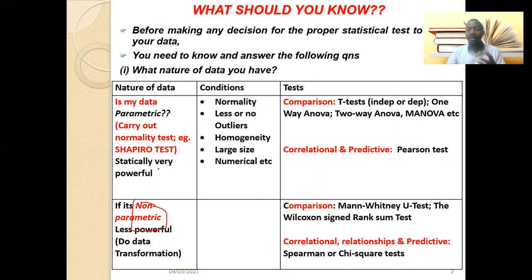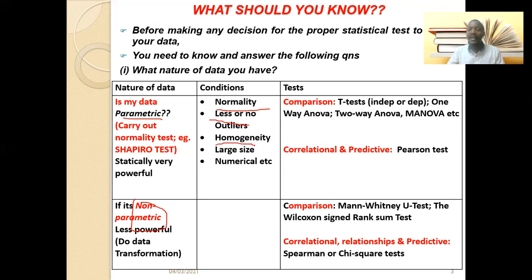And when we speak about parametric and non-parametric, from the simplest point of view, when we speak about parametric data, the assumption behind it is that the data are normally distributed, or approximately normally distributed. We know the normal distribution curve. And we assume that the data have few or no outliers.